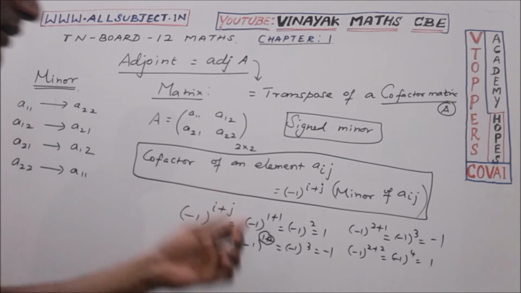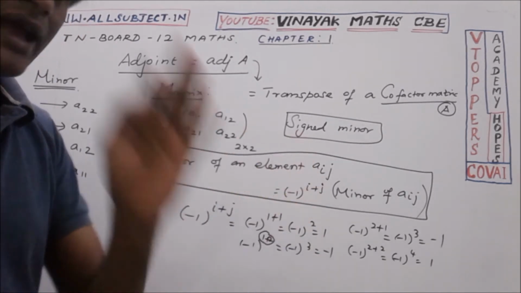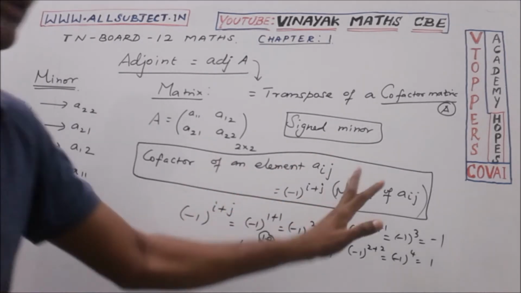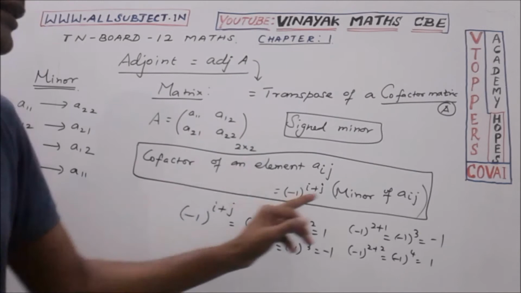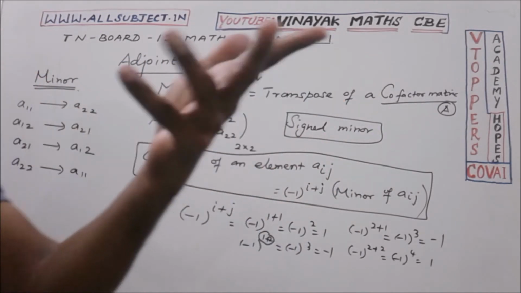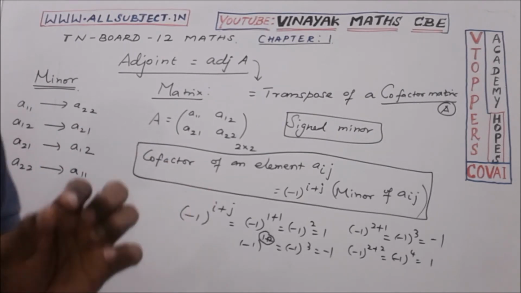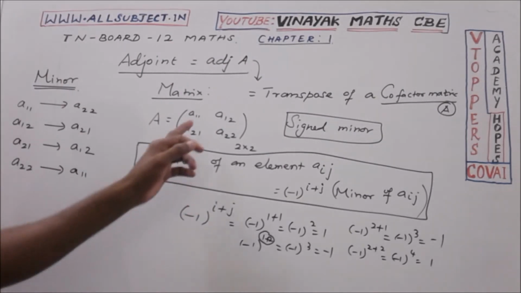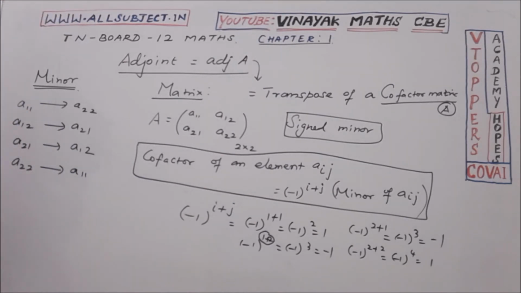How is the sign decided? If it is in an even place, the actual minor value is the cofactor value. If it is in an odd place, the minor value's sign will be changed for the cofactor value. That's all. The minor value and cofactor value differ by sign only. So this is the method to calculate the cofactor.